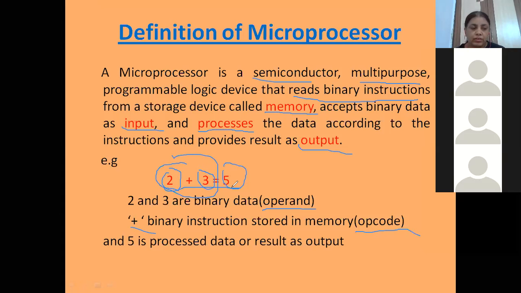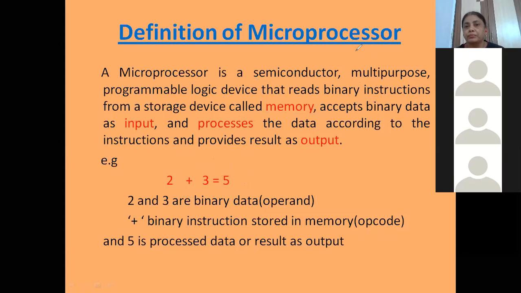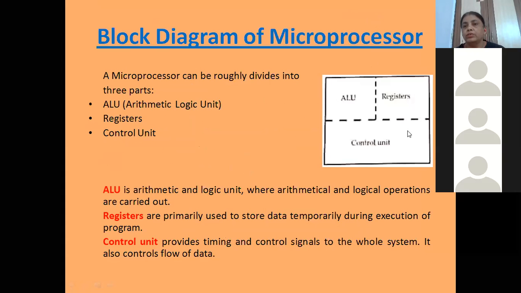So when a question is there in your board exam, you will write this definition, and along with this definition you will write or draw the block diagram of microprocessor. So this is the block diagram of microprocessor.